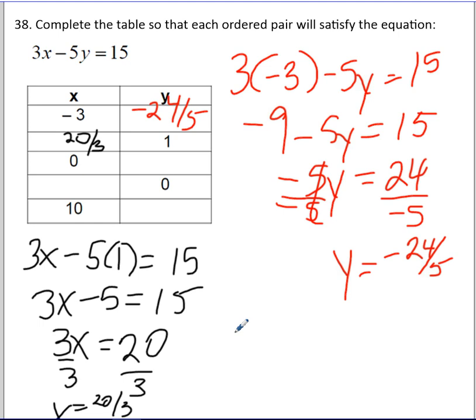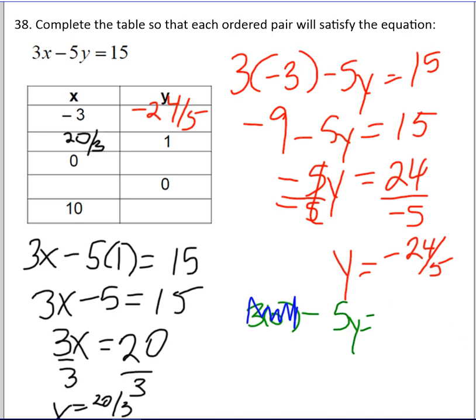Okay, for our zeros, our intercepts, first we'll do our y-intercept for x equals 0. So 3 times 0 minus 5y equals 0. Anything times 0 is 0, so I'm just going to cross that off and ignore it, because then I'm left with negative 5y equals, sorry, not equals 0, equals 15.